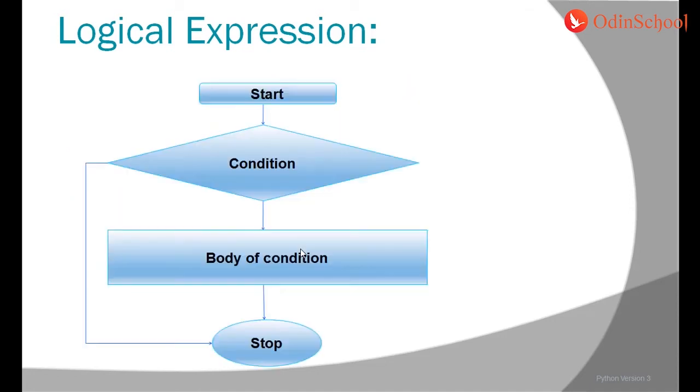I'll explain this with a diagram. In this diagram you can see if the condition is true, the body of code is executed, otherwise it's skipped and the cursor of the program goes to the next step or next line of your code.